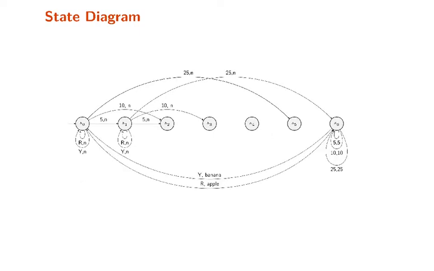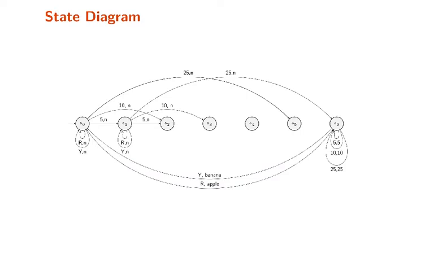So this one will be for the node S6. You can see that when you are in S6, that you have already the 30 cents, if you press Y, then you do get a banana and the state becomes 0, it resets.